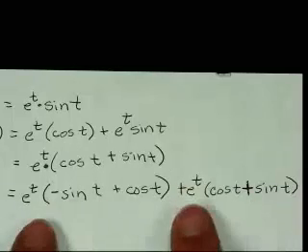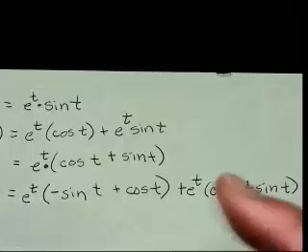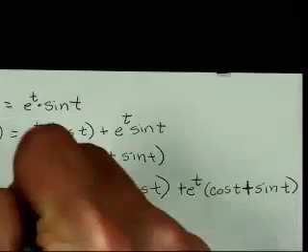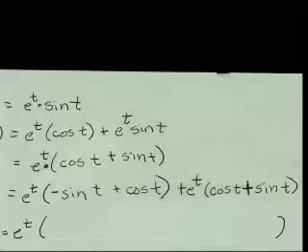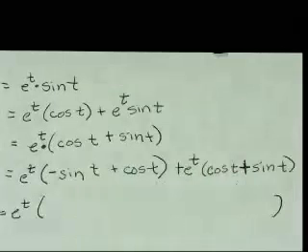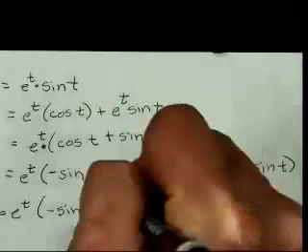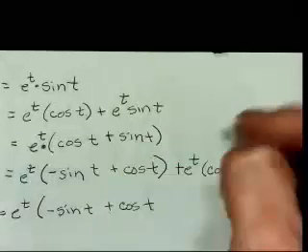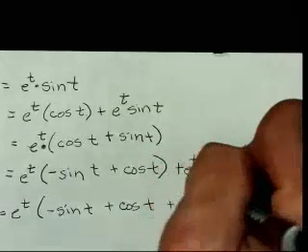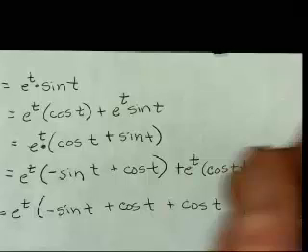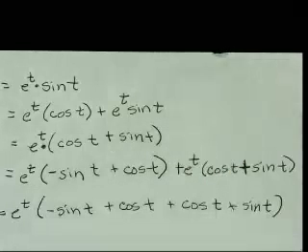But what I would do is factor out an e to the t. And what would that leave you inside a great big parentheses? E to the t squared. Yeah. Plus cosine plus sine. If you can skip a step, feel free to do so. For those folks who don't like to skip steps, here's what you need to write down.